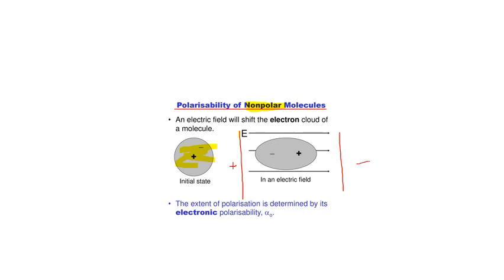So the electrons of this shell will move towards this, attracted towards the plate. If they move towards the plate, then here you will be left with positive. And the extent of polarization is determined by its polarizability alpha.